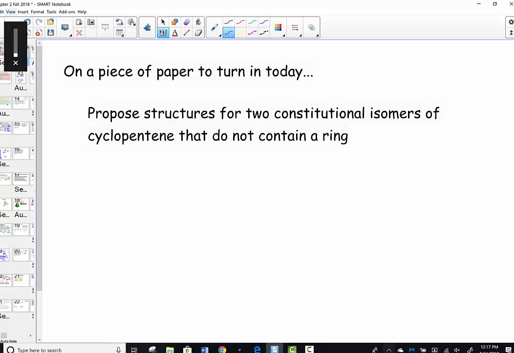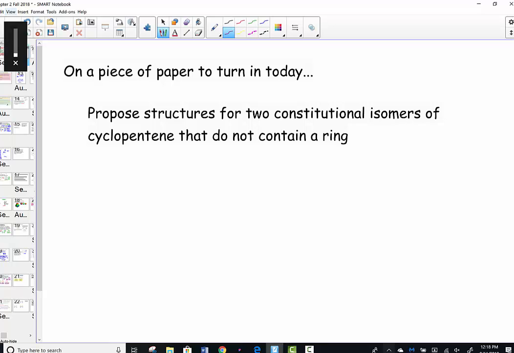Ooh, this is a good one. On your paper to turn in today, let's practice a little bit of constitutional isomer, that's me pulling last chapter in, drawing it in bond line formulas, pulling last chapter in, and now a little sprinkle of the new content.